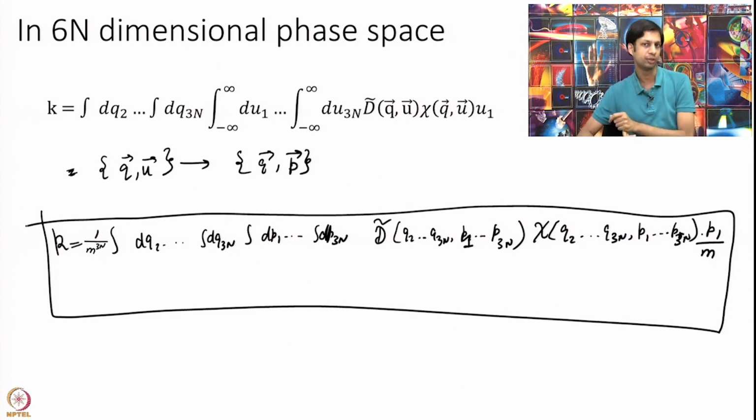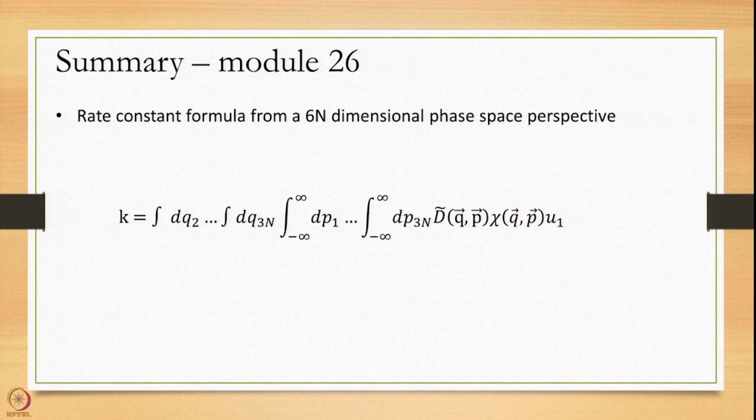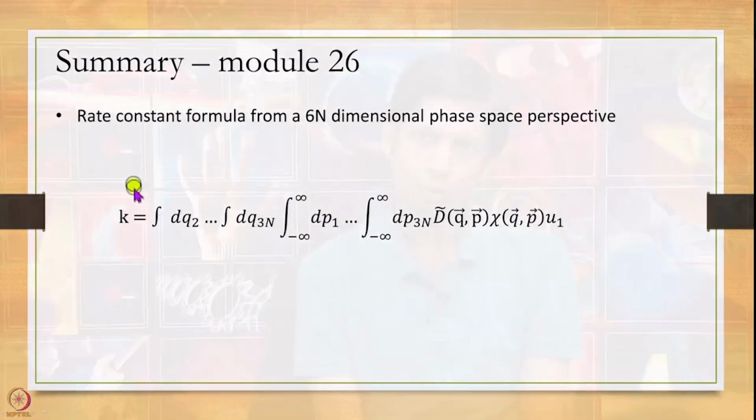Only two assumptions have been made, that the trajectories are classical and a dividing surface does exist over which I am integrating. Okay. So, we have this more general formula with us today, and what we are going to do in the next module is to use this formula and make a few more assumptions that are needed to get to the transition state rate. Thank you.